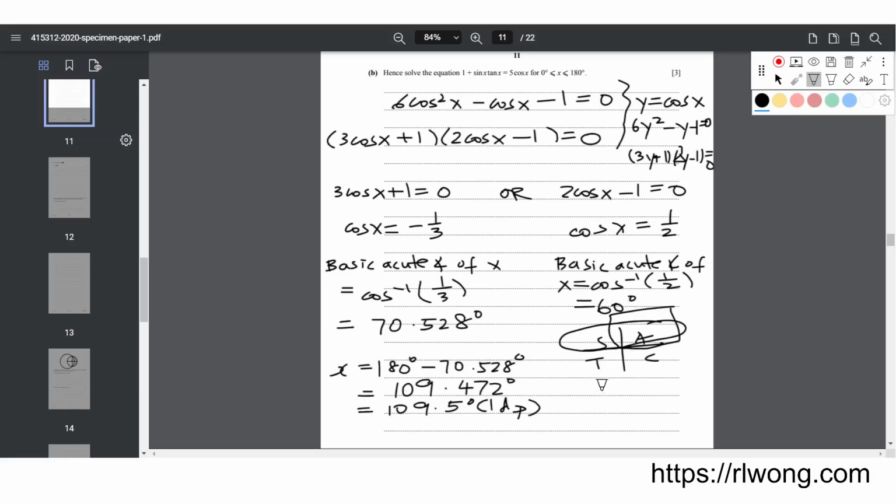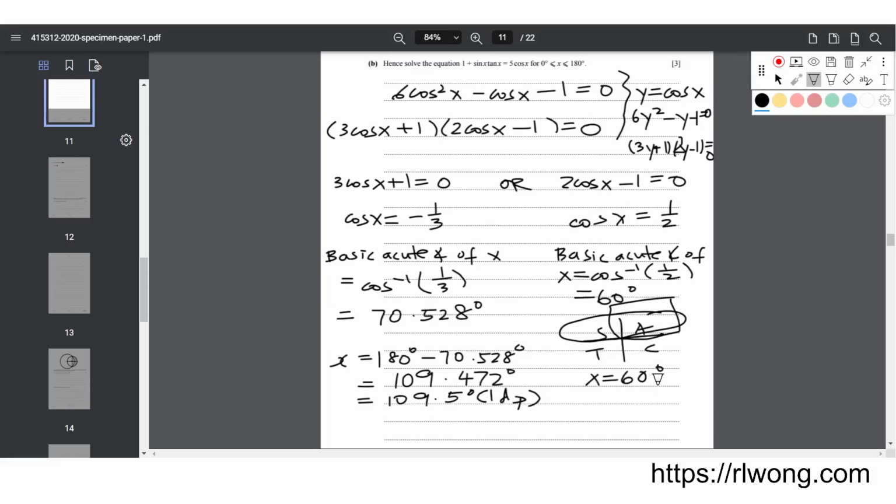So in the first quadrant, x is 60 degrees. So therefore, you have two answers for x. One of them is 60 degrees, the other is 109.5 degrees. So hence, x is equal to 60 degrees or 109.5 degrees, right?